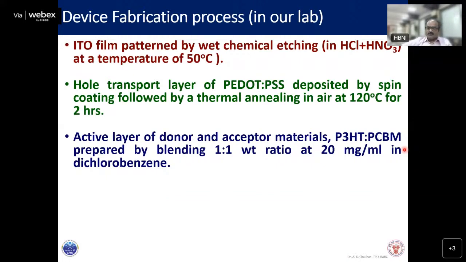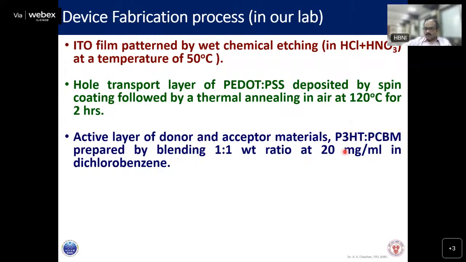Then the active layer of donor and acceptor material is prepared by blending in a 1:1 weight ratio of P3HT and PCBM. P3HT is a polymer, PCBM is a small molecule. This is donor, this is acceptor.